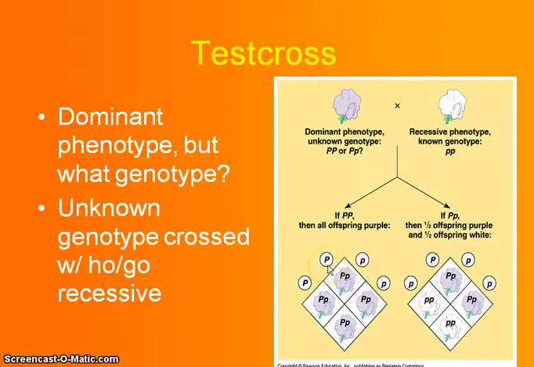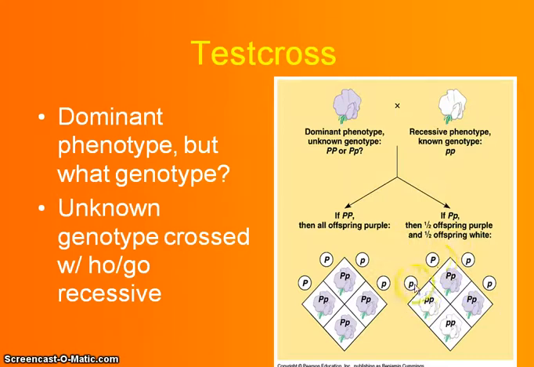Now, if you look here, we've tried out both of these possibilities, and with the pure dominant trait combined with the pure recessive trait, all the offspring would still have that dominant trait. There would be no possibility of getting the recessive trait with that particular combination.